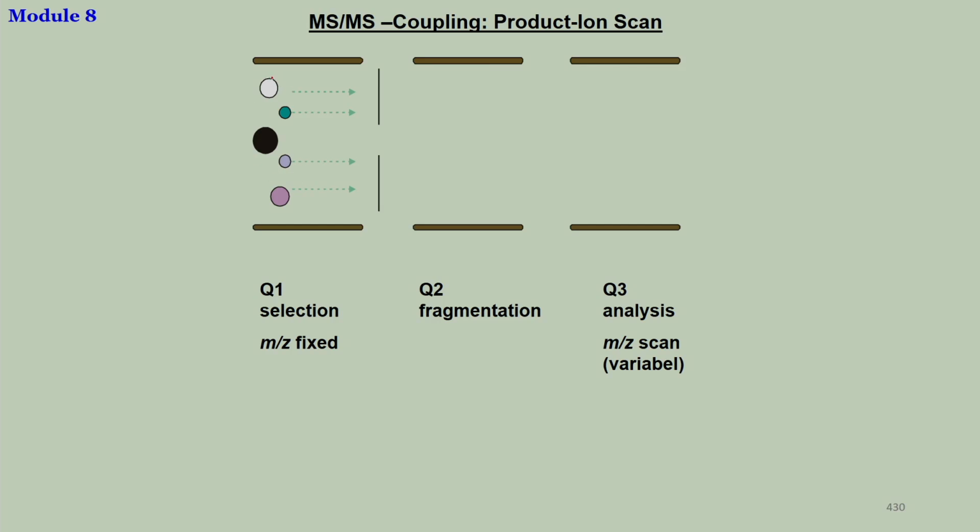So, you have a set of masses 1, 2, 3, 4, 5 for example. There are 4 quadrupoles. In the first quadrupole you fix a definite M by Z, so only this is selected to go to the next quadrupole, and here it will be fragmented.